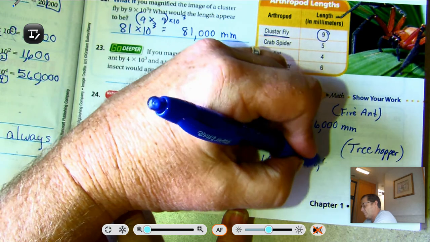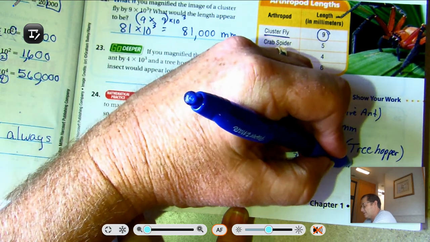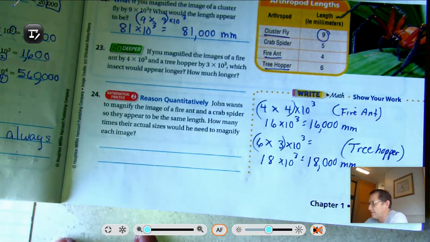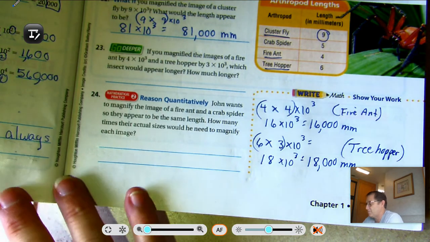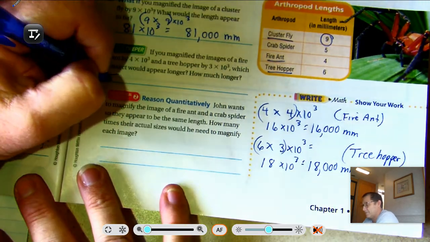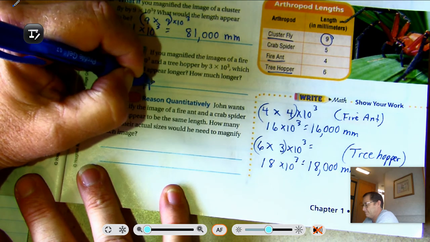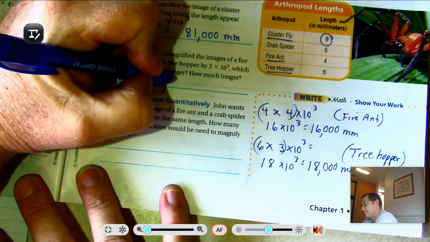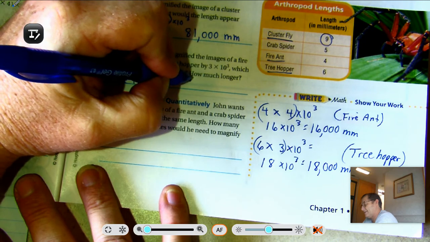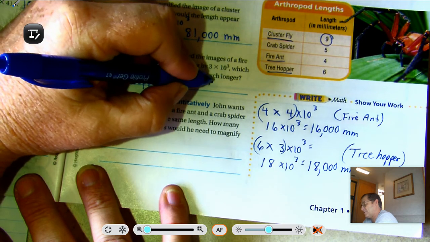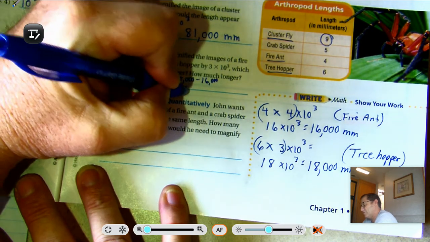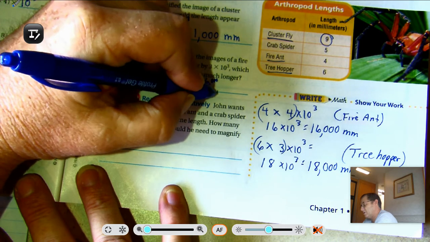So 18 followed by 3 zeros. 18,000 millimeters for the tree hopper. Which insect would appear longer? Tree hopper. 18,000 minus 16,000. 2,000 millimeters longer.